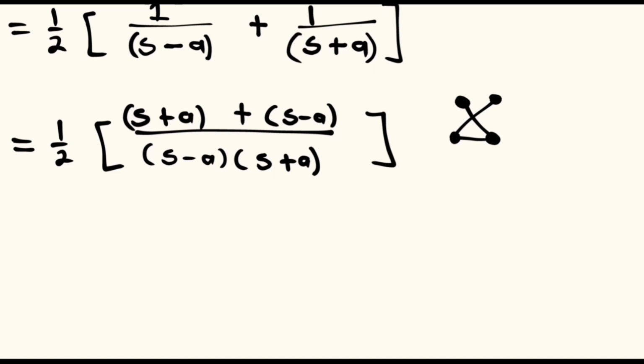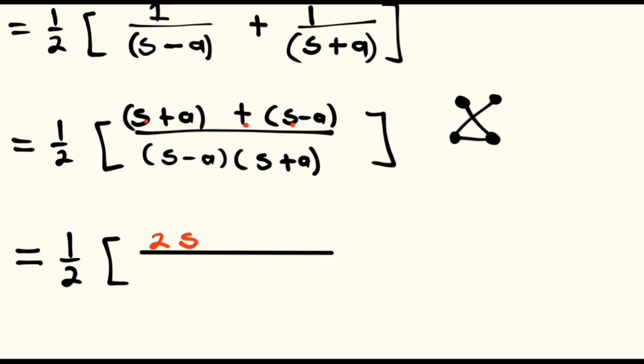And from here, further simplification, we have 1 over 2 into, so we can see that s plus s will be equal to 2s, and a minus a will be 0, and this will be divided by s minus a multiplied by s plus a.